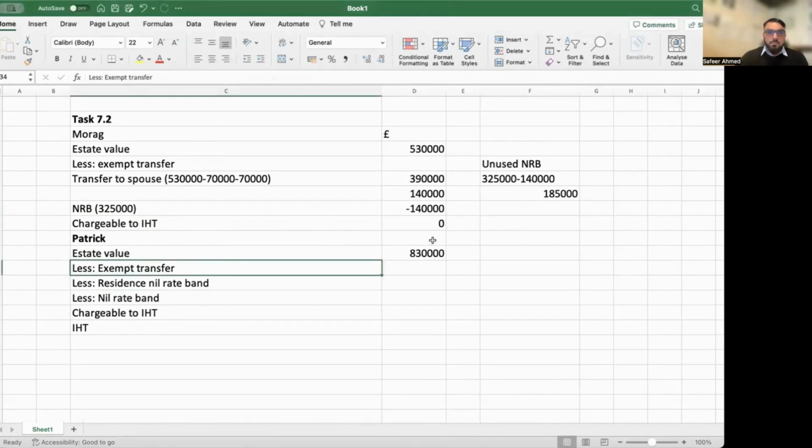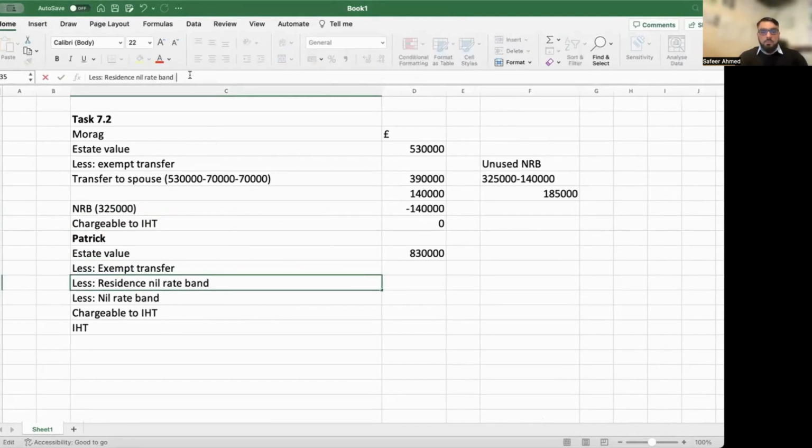Now how much residence nil rate band will be available? This will be 175,000 for Patrick, but remember that his spouse did not use this as well, as it was not part of her estate value.